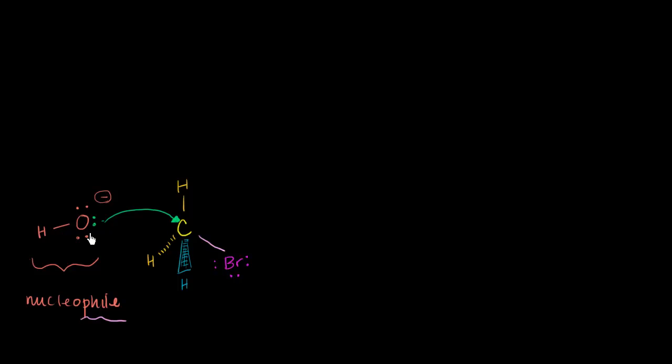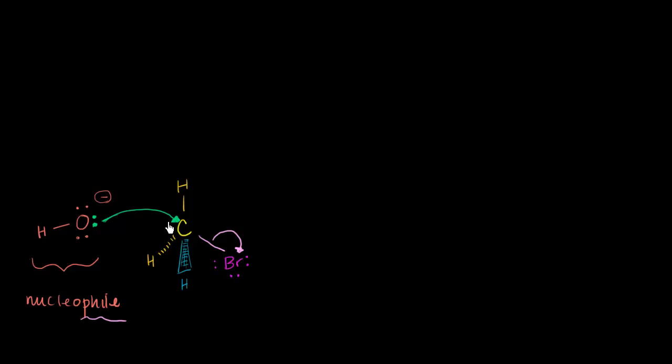So it would share this pair, which would form a bond. Carbon would have half of the pair, oxygen would have half of the pair. Now, if carbon is sharing half of this, it's essentially getting an electron. It doesn't need this electron, which bromine is already hogging a little bit. And so bromine would take this entire pair back.